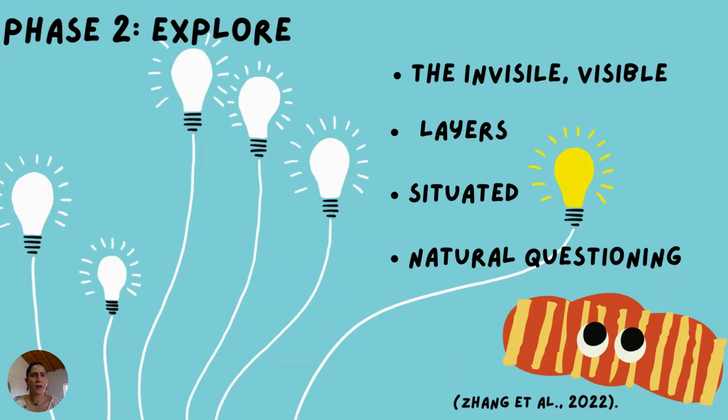Phase 2 is about exploring. Now we meet the idea in context. AR shines here because it places labels, parts, and hidden links on the real scene. Students can point, compare, and say what connects to what.